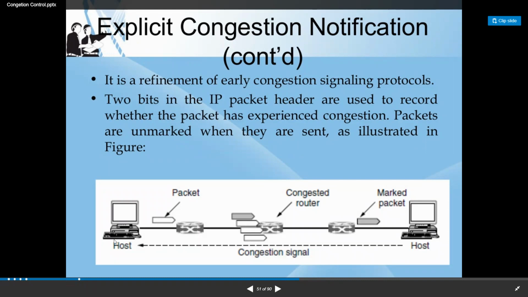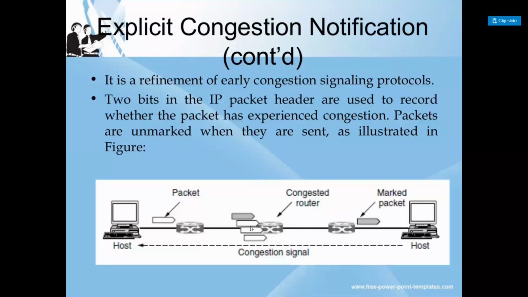After receiving the congestion signal, the sender throttles back. It slows down its transmission because the router is already in congestion. This is the explicit congestion notification. Okay, hope you understand, students.